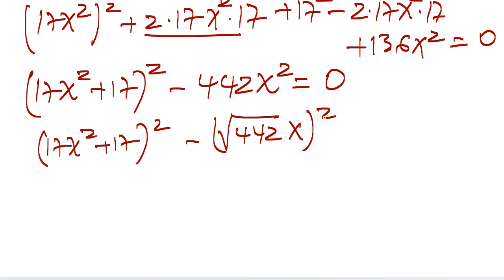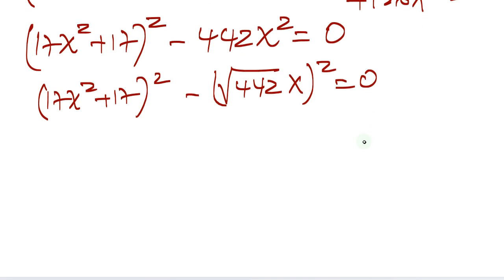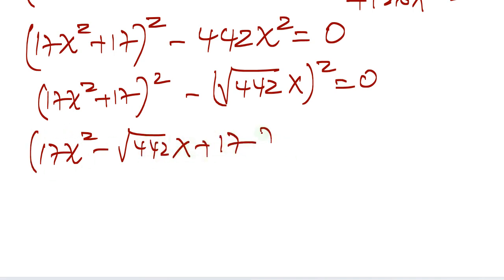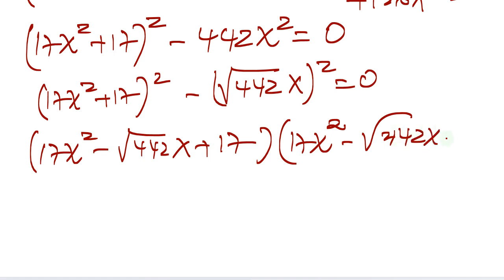When we cut this with this, we get back to the beginning. Now we have a difference of squares here, so I can write this as 17x squared minus square root of 42 x plus 17, multiplied by 17x squared minus square root of 42 x plus 17. So this is equal to 0.